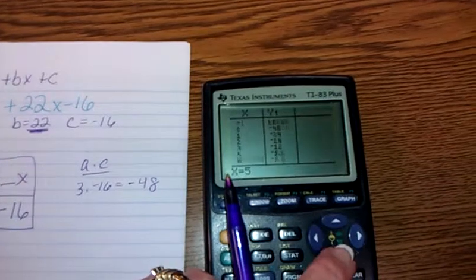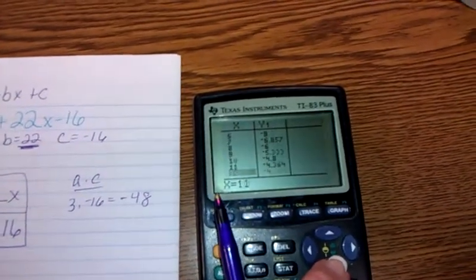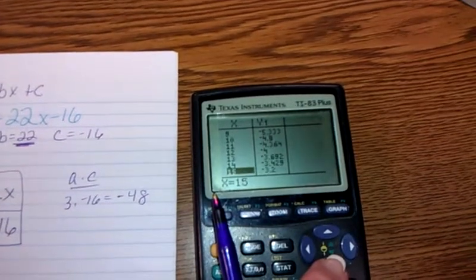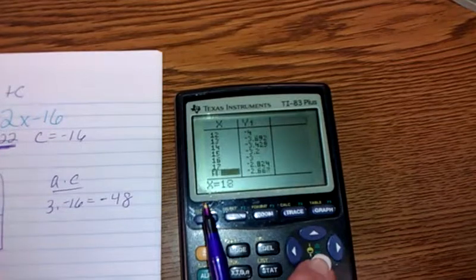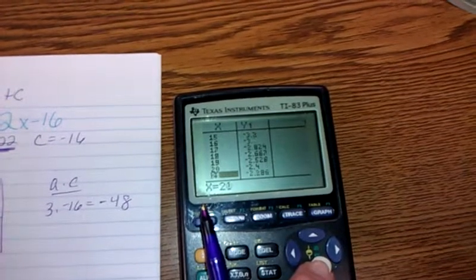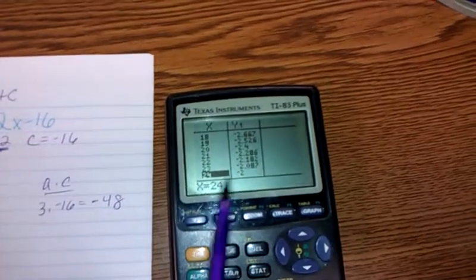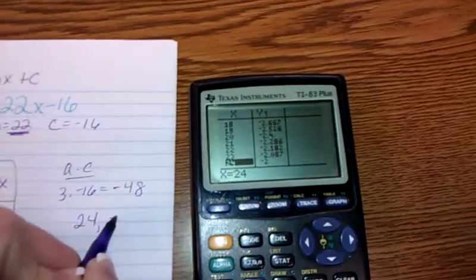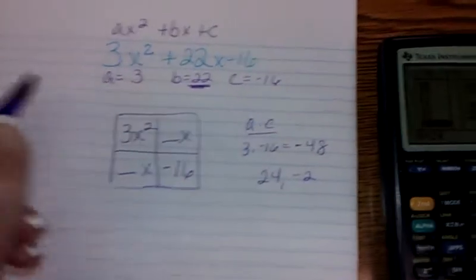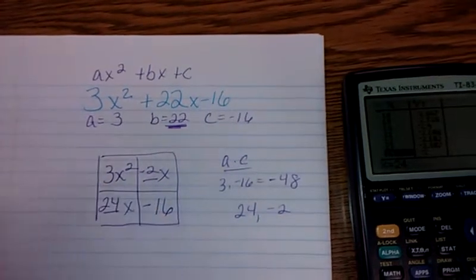Oh, that's positive 2. Looks like I might be going up for a little while here. Here we go. These two right here add up together to give me positive 22. So I have 24 and negative 2. I'm going to put 24, negative 2.